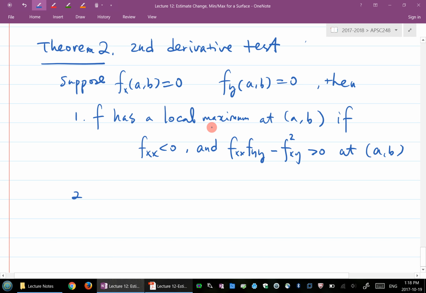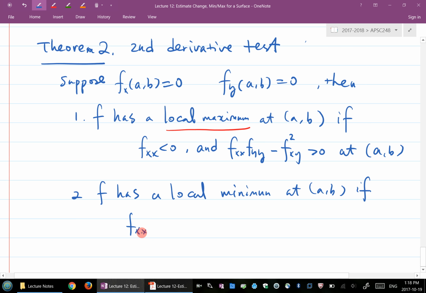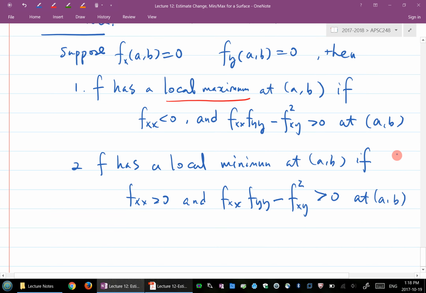So that gives us a local maximum. Okay, first case, local maximum. If we test it differently, we'll get a local minimum. This time, fxx will be greater than 0, and fxx fyy minus fxy squared is still greater than 0 at (a, b). That's the second case of the second derivative test.